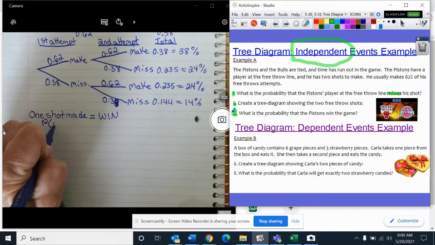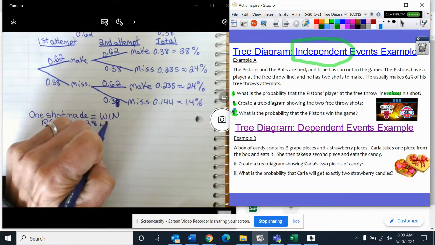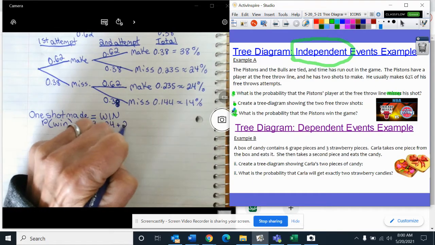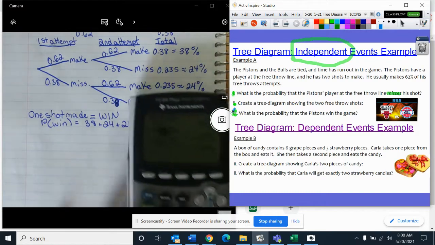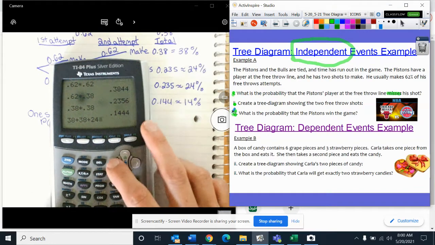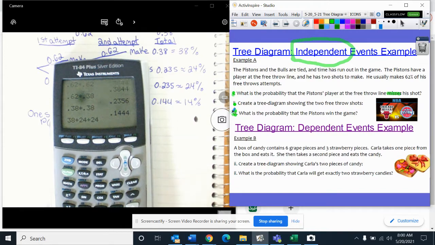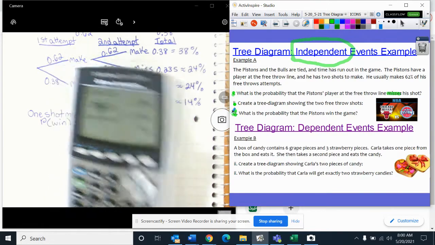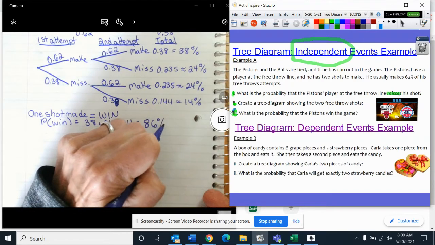So probability of win, we'll add the 38%, the 24%, and the 24%. So 38 plus 38 plus 24. Oh, I'm sorry, 24 plus 24. 86% chance that they will win the game.